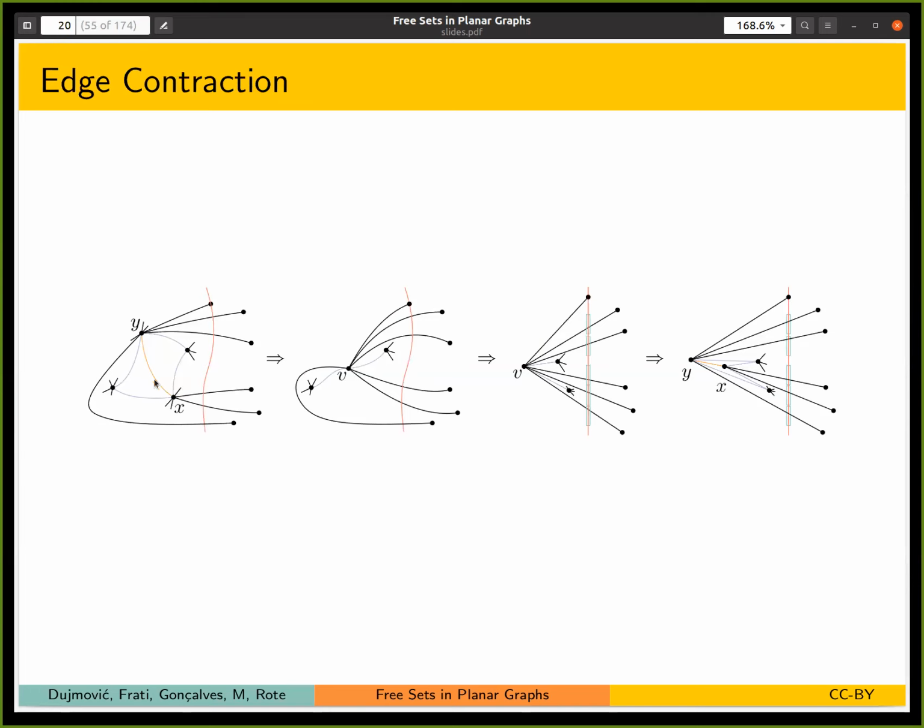Edge contractions. Well, if I have an edge which doesn't cross this line that I'm trying to draw things on, and not only does it not cross, but the two triangles incident on that edge don't cross, then I just contract that thing, apply induction, get back a drawing, and then do a very small uncontraction.